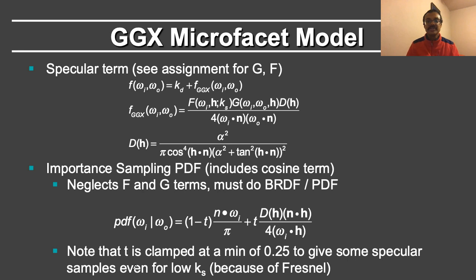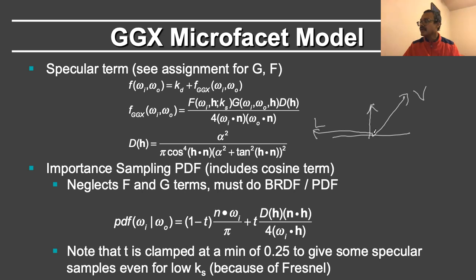Just to familiarize yourself with the half angle and to review this material, let's assume you have a surface. Along the surface, there is a particular normal. Now assume you have a particular lighting direction. Let's say this is your lighting direction, and let's say this is your viewing direction.